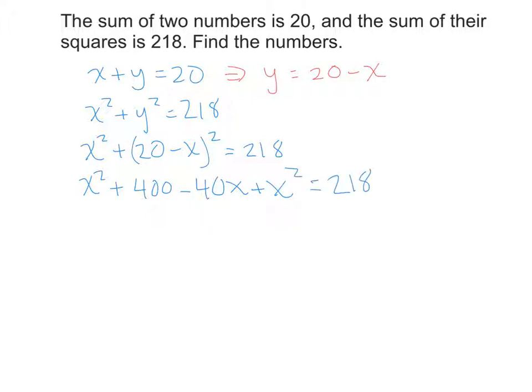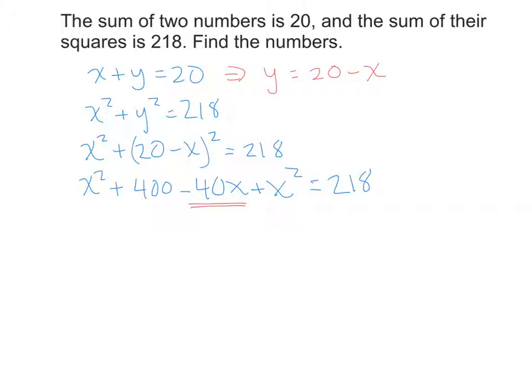Of course, while you're doing this, be very, very careful not to call it 400 plus x squared. Make sure you remember this middle term here when you square a binomial. Don't forget that. The outers and the inners provide you with a middle term.